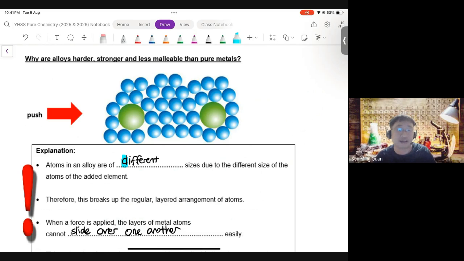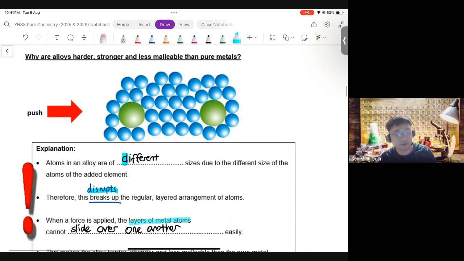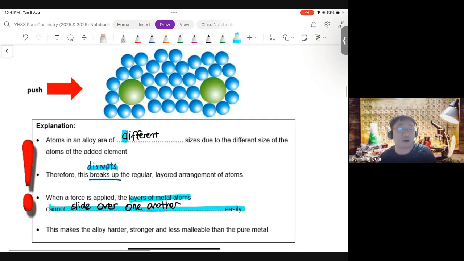So different sized atoms, and this breaks up or disrupts the regular layered arrangement of atoms, and therefore it's difficult for the layers of atoms to slide over one another easily.